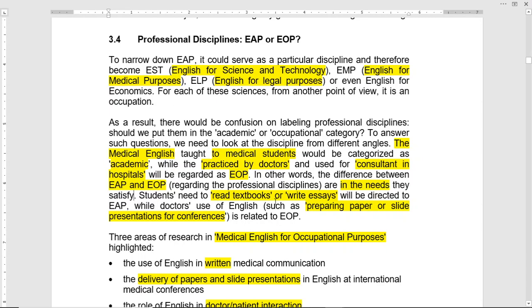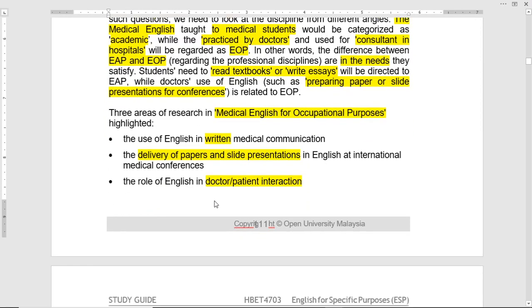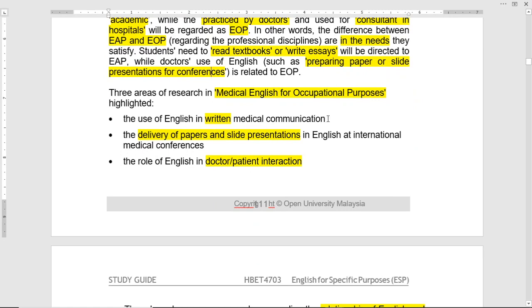Students need to read textbooks or write essays, while the doctors need to prepare a paper or do a presentation at a conference or communicate with a patient. So 3 areas of research in medical English for occupational purposes may include the use of English in written medical communication, the delivery of papers and slide presentations in English, and the role of English in doctor-patient interaction. It's different from a medical student's English need. So that's the difference.